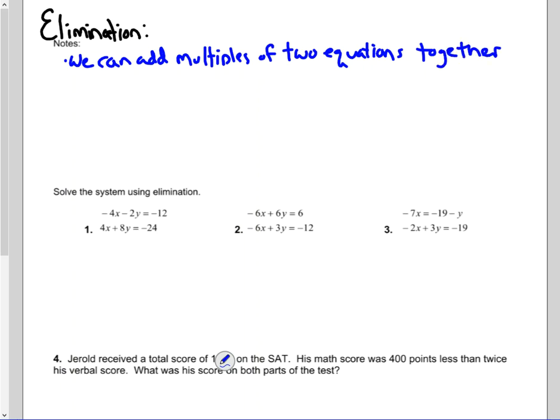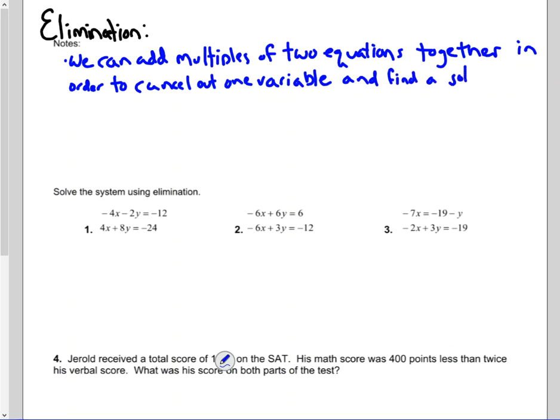We can add multiples of two equations together in order to cancel out one variable and find a solution if it exists.